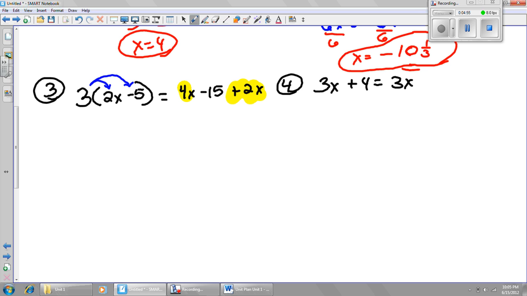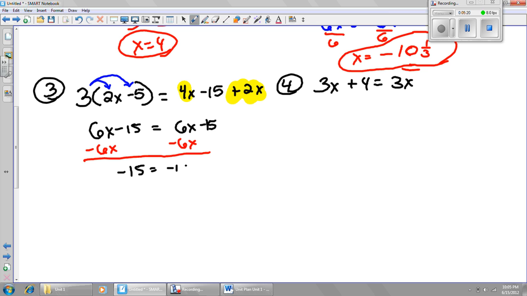So the left-hand side will turn into 6x minus 15, and the right-hand side will turn into 6x minus 15. Now, some of you may see something already, but if you don't see it, we'll get rid of 6x on the right-hand side, which means I have to get rid of 6x on the left-hand side. And here I will get negative 15 equals negative 15.